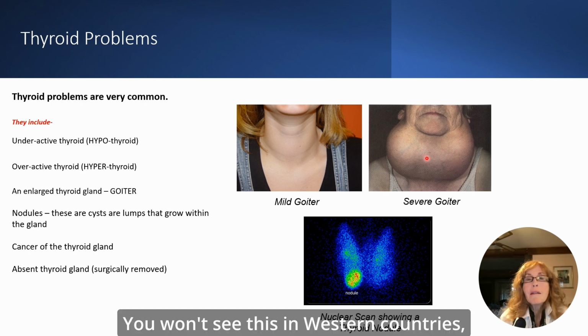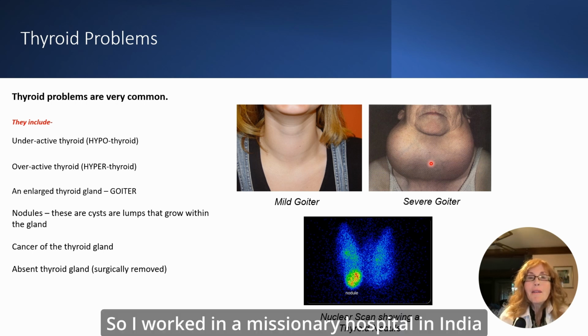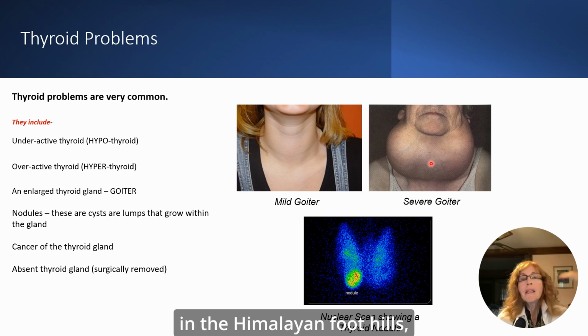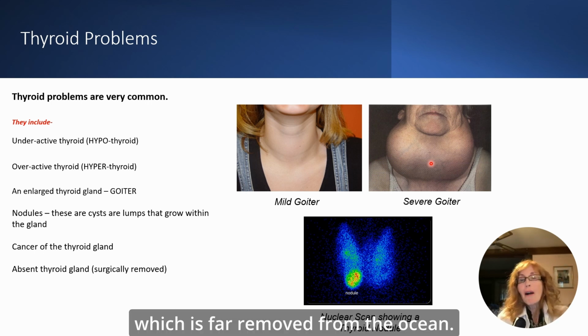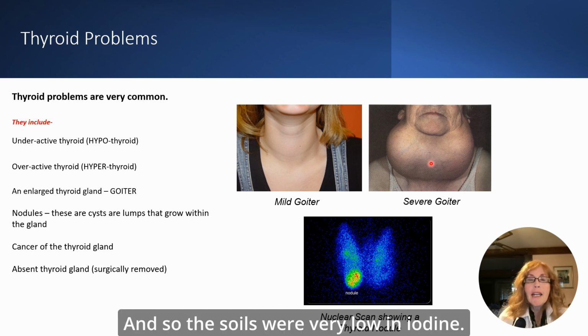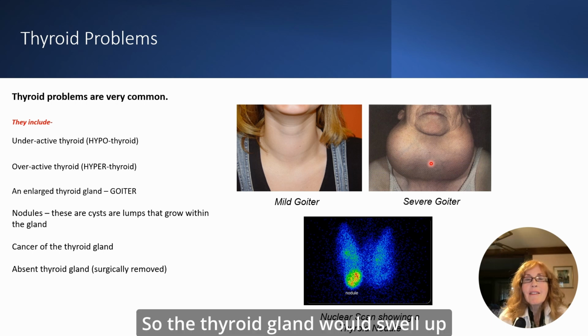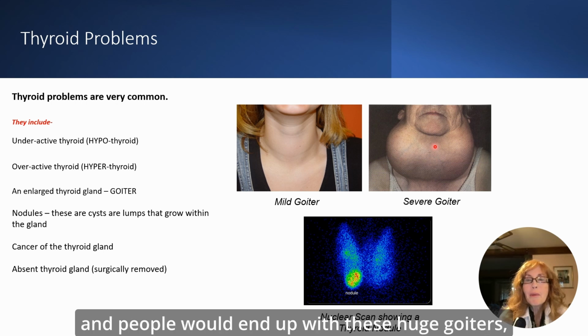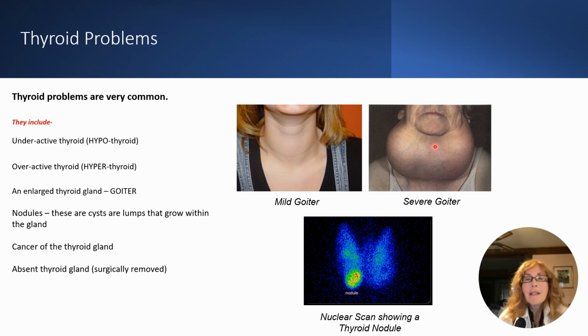You won't see this in Western countries, but I have seen goiters like that in India, because I worked in a missionary hospital in India for 6 months, and it was in the Himalayan foothills, which is far removed from the ocean, and so the soils were very low in iodine, so the thyroid gland would swell up to try and trap more iodine from the blood, and people would end up with these huge goiters. Very, very distressing for people.